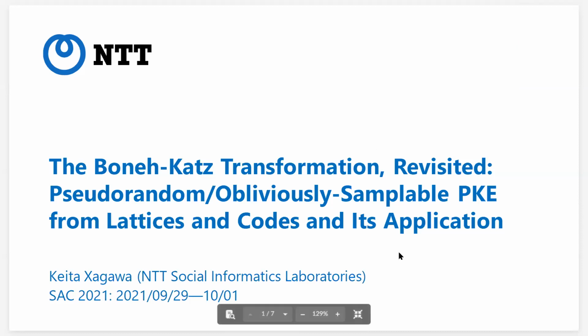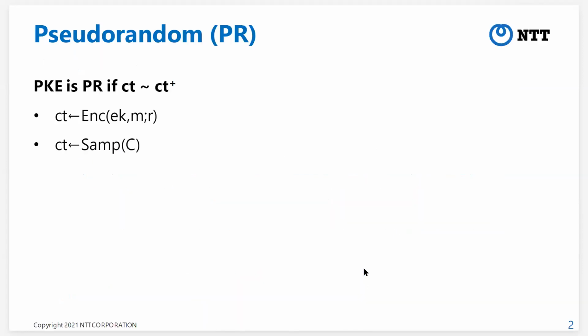Let us start with some definitions. We say a public key encryption scheme is pseudo-random if its ciphertext looks random. Precisely speaking, any efficient adversary cannot distinguish a ciphertext generated like this.